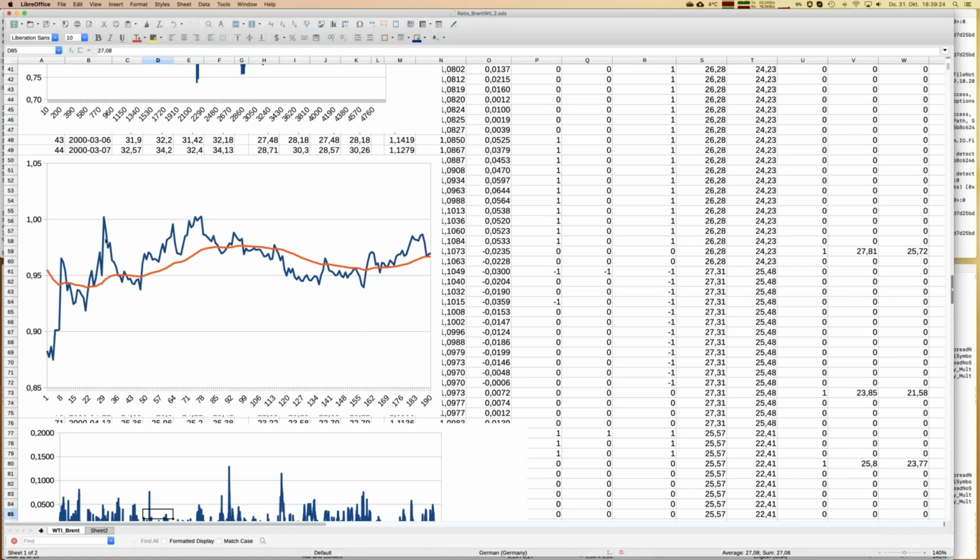We have a deviation of more than 5% between the actual ratio and the EMA on that ratio. You see that difference. And the ratio comes back.